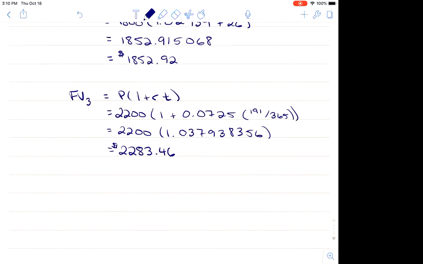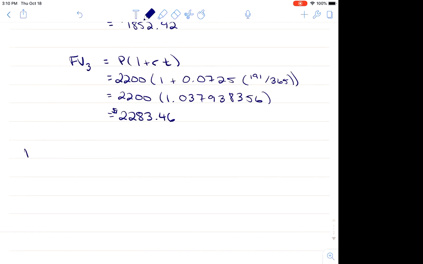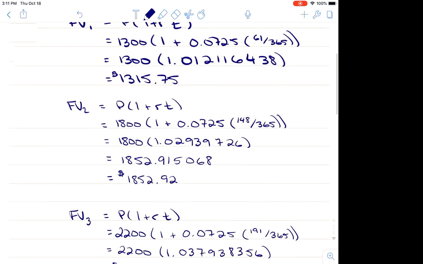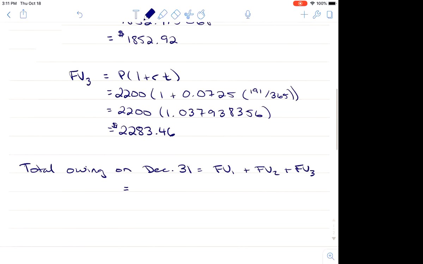Yeah. So the total owing on December 31st is future value 1 plus future value 2 plus future value 3. I'll move the equal sign over a bit because I'll need a little bit more room. Future value 1 was 1315.75.